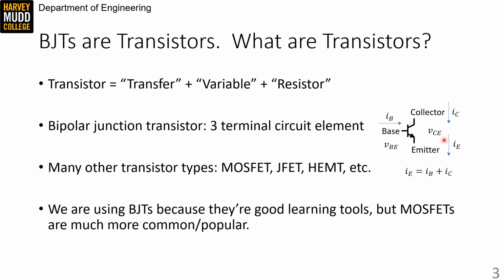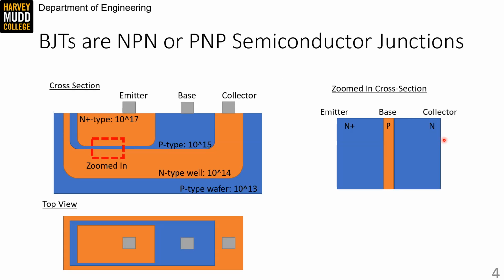The other basic information that's worth knowing about BJTs is how they're built. BJTs are intricate combinations of PN junctions. Specifically, they're either NPN junctions or PNP junctions. You make them by creating successively heavier doped regions in semiconductors, as pictured on the left here.